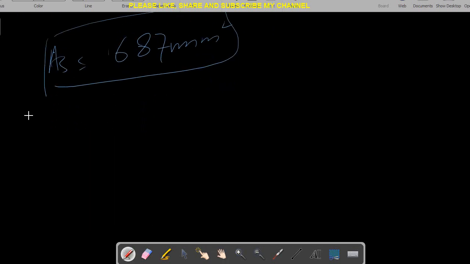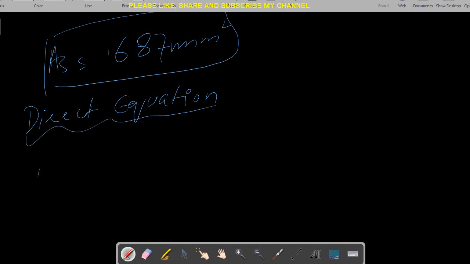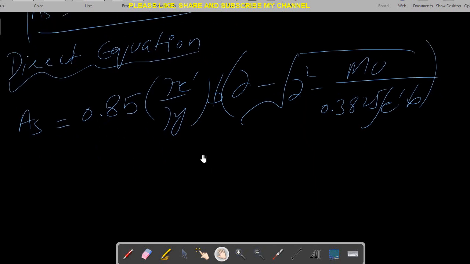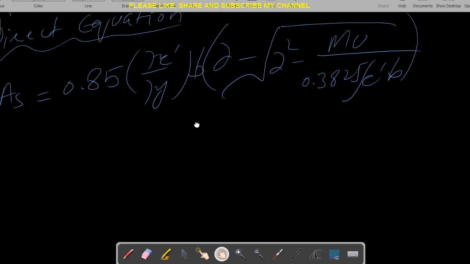We can use the direct method. I always prefer this equation because it is a time-saving equation. If I use my calculator, and you plug all the values in this equation, make sure you are consistent with units.